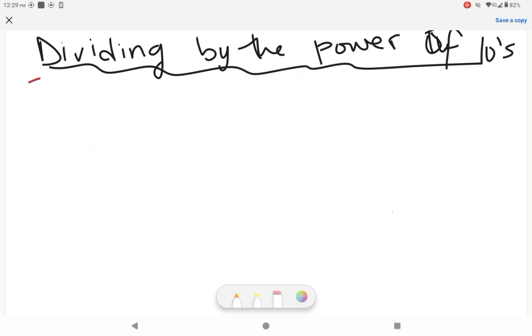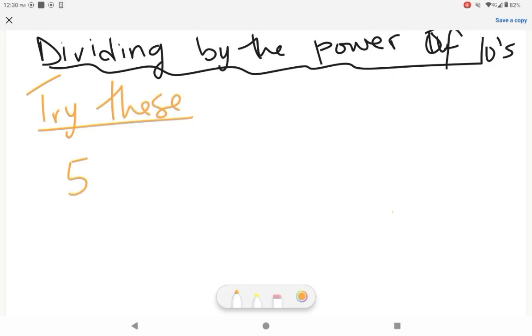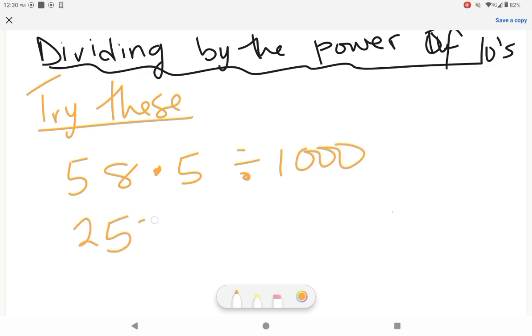Try this: 58.5 divided by 1000, and 253 divided by 100. So drop your answers in the comments.